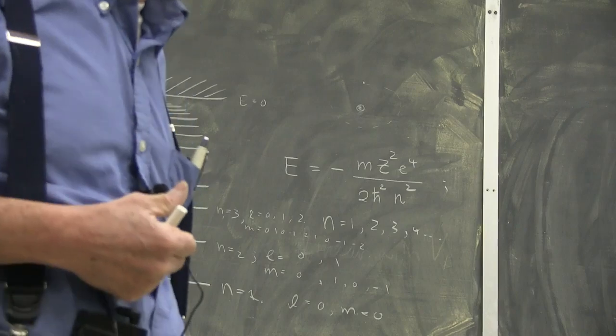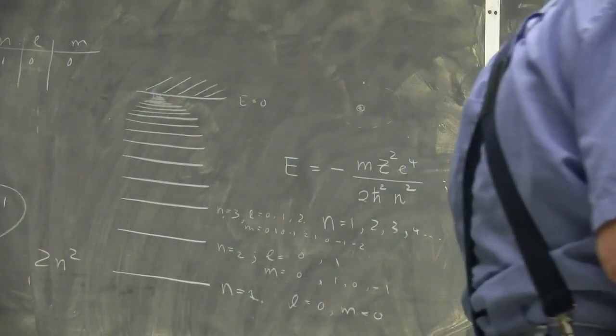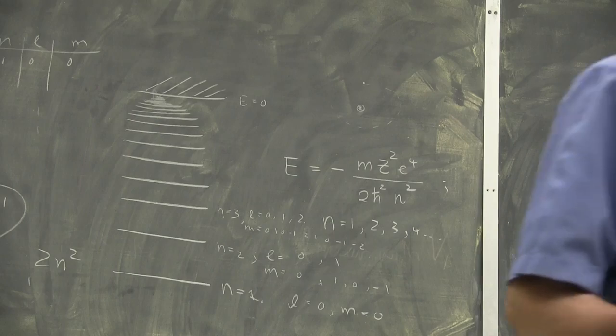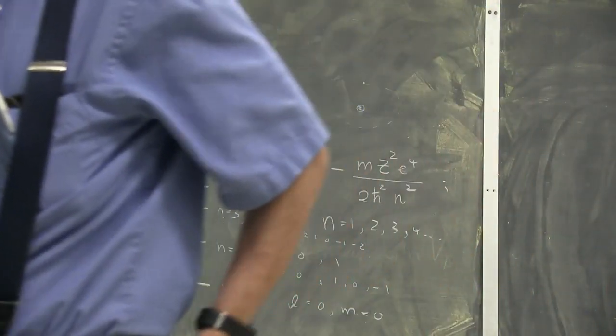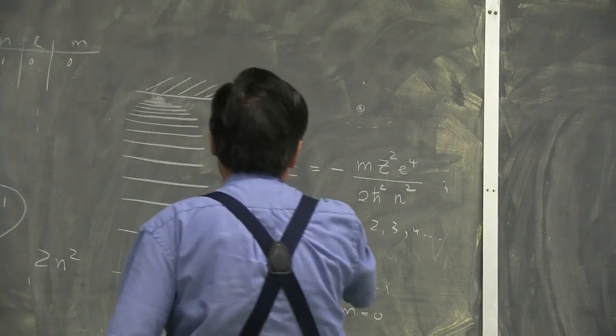But in any case, it's a mathematical problem which involves partial differential equations involving separation of variables, and all those series expansion solutions. And you come out with the eigenvalues and eigenfunctions, and this is one of the results that's obtained, the energy spectrum.